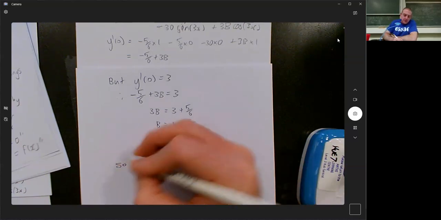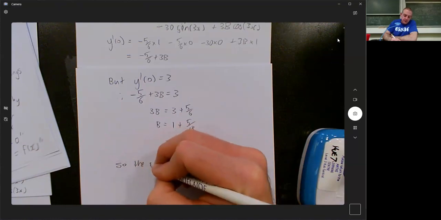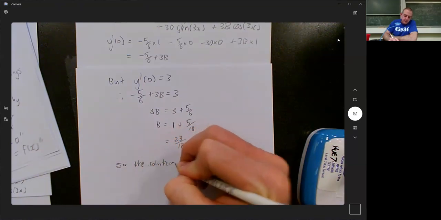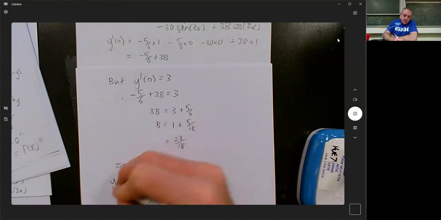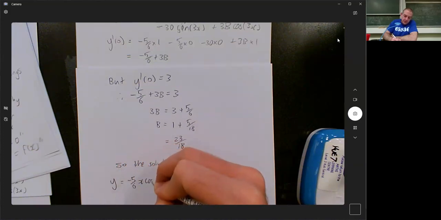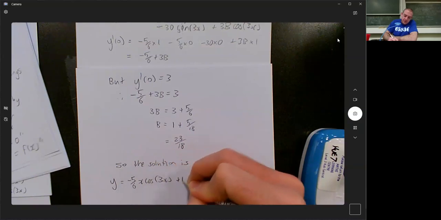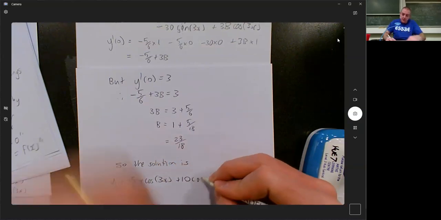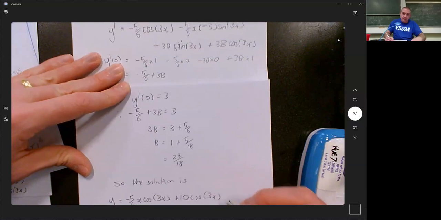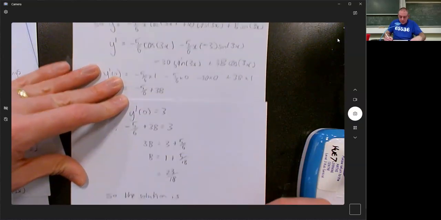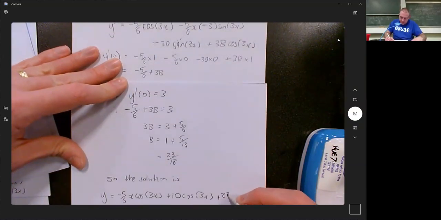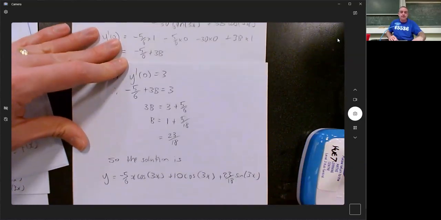And so the solution is y equals minus 5/6 of x cos 3x plus 10 cos of 3x, and then plus 23/18 of sine of 3x. There we go.